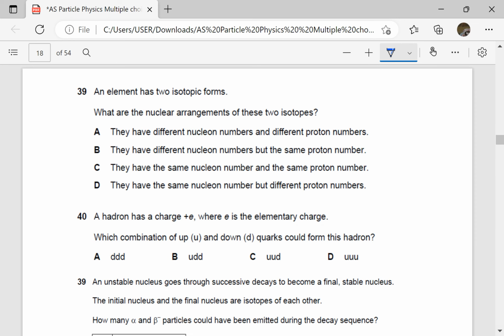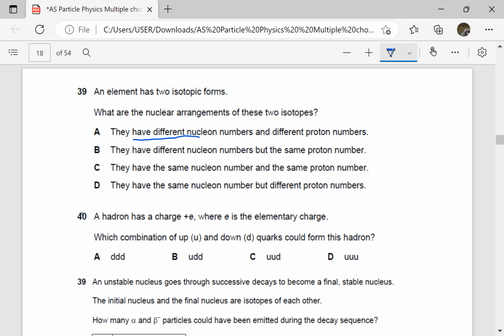An element has two isotopic forms. What are the nuclear arrangements of these two isotopes? Remember, isotopes have the same proton number.